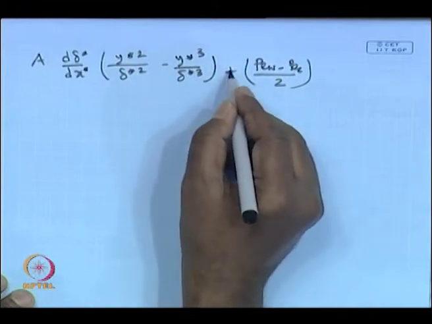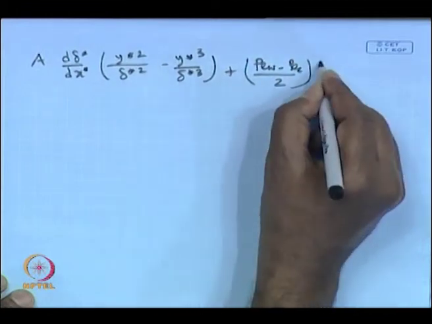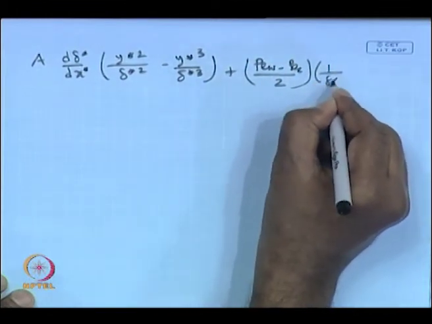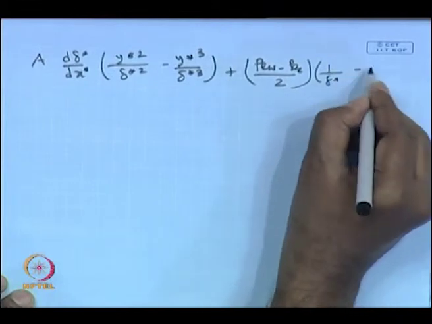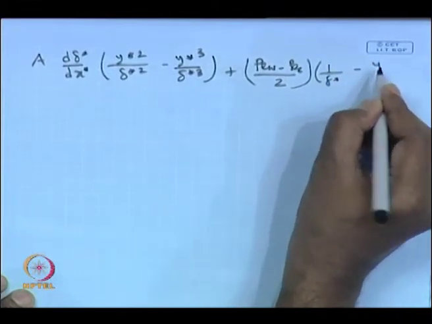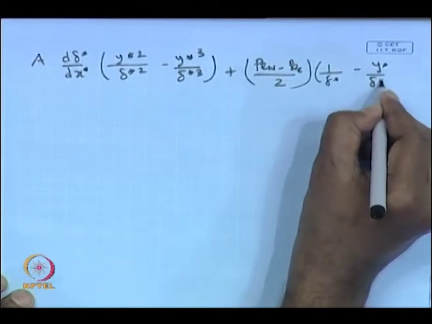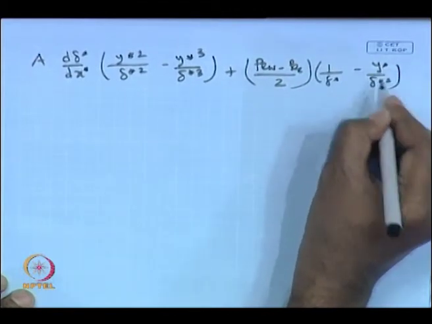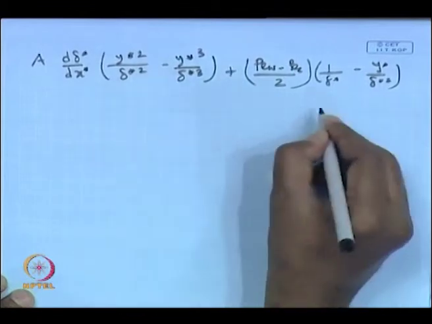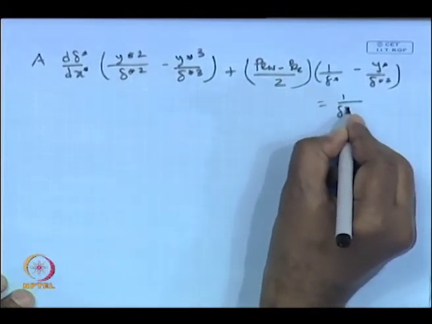This minus sign will be consumed here inside: 1 by delta star minus y star by delta star square, is equal to 1 over delta star square.